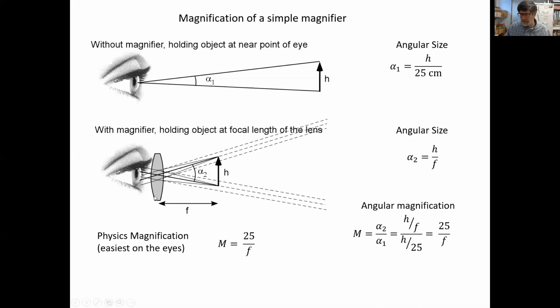Now you might wonder, that seems a little strange because you could have a lens whose focal length is 25 centimeters, and it would be a positive lens. It would, in fact, seem to magnify things, and yet this would tell us that the magnification of such a lens is 1, as if it didn't do any magnifying at all. Well, that's very strange.